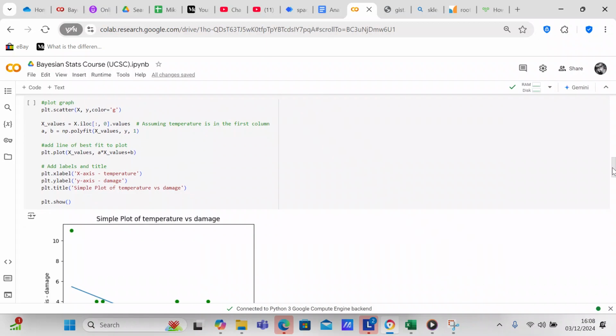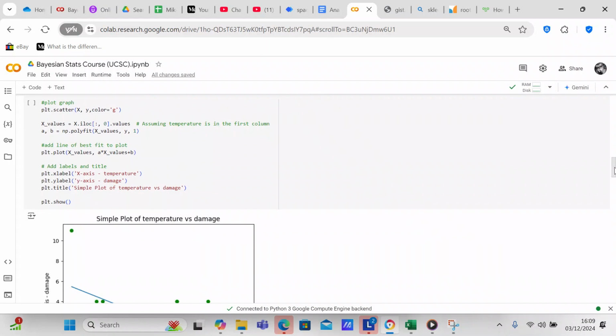What we have to do is take our X variable and convert it from 2 dimensions to 1 dimension to get it to work on the graph. So X values equals X dot iloc, colon comma 0 dot values, assuming the temperature is in the first column.